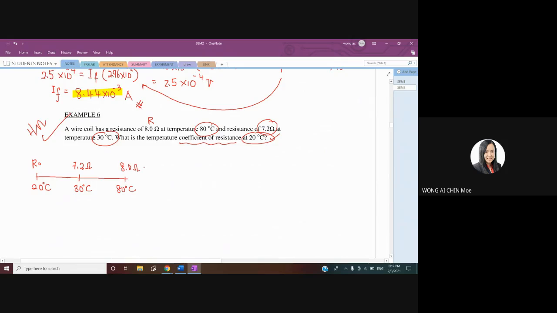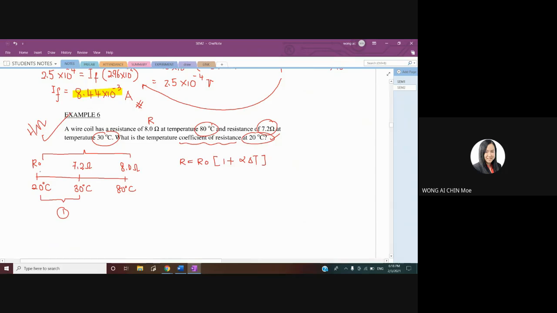What you should do is write two equations from R equals R naught times 1 plus alpha delta T. The first is between 20 degrees Celsius and 30 degrees Celsius, and the second is for the initial 20 degrees Celsius and 80 degrees Celsius.